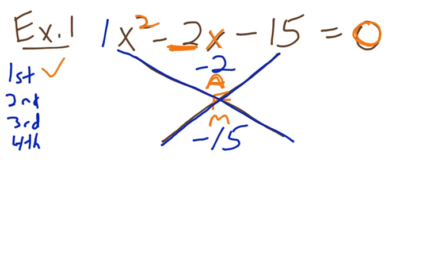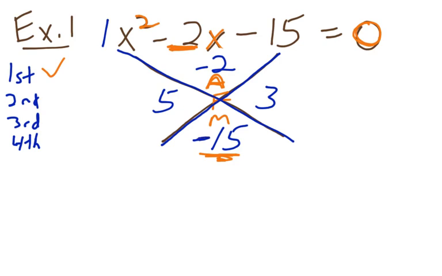And now the F stands for the factors. So we're looking at the factors of negative 15 that add to negative 2. So what are my factors of negative 15? Well, I have 5 and 3, and I have 1 and 15. Well, the only ones that make sense to me that would add to negative 2 would be 5 and 3 because they're 2 apart.